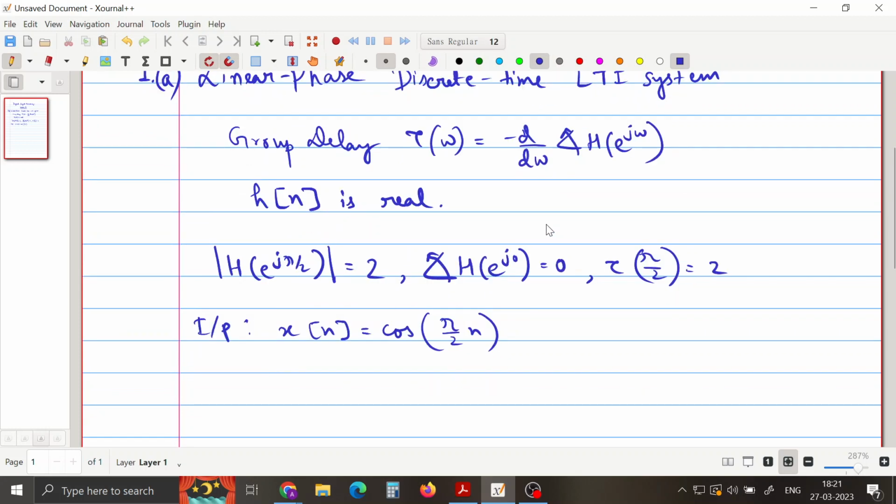So this is the thing. So we need to find the output. So we have this input going to our system, we need to find this output.